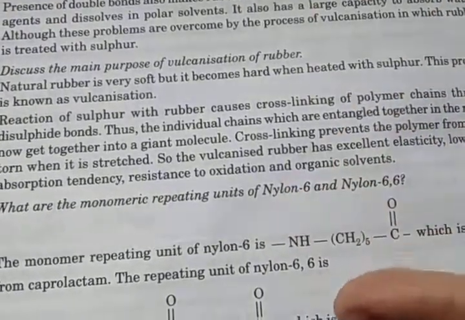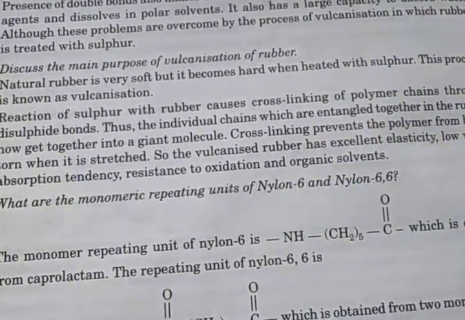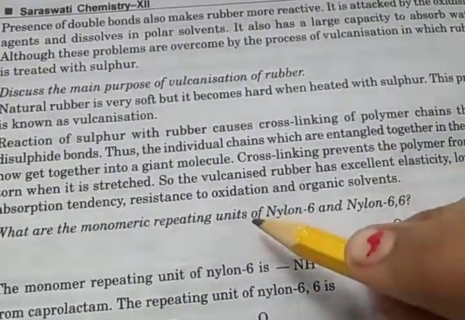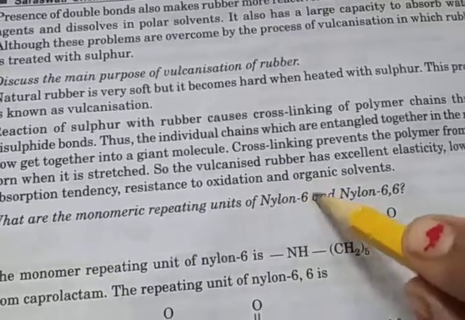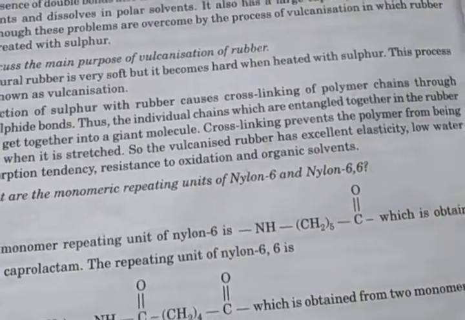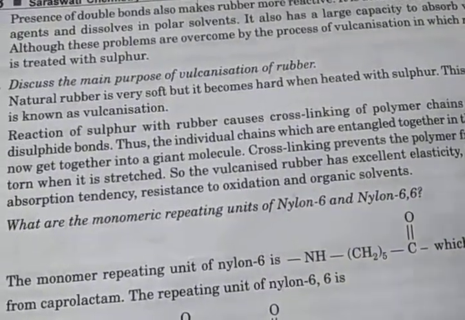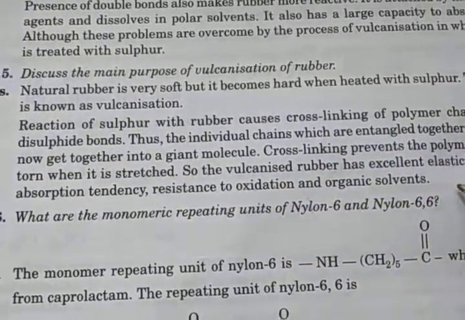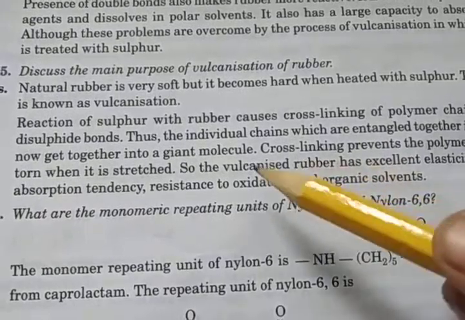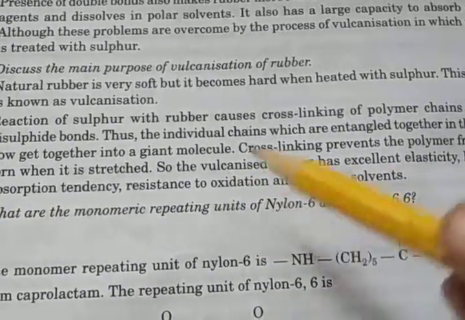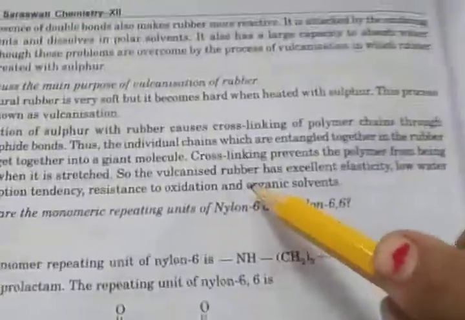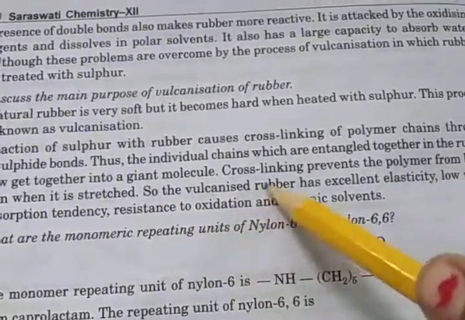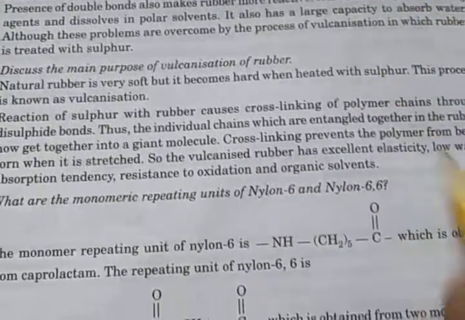Cross-linking prevents the polymer from being torn when stressed. Vulcanized rubber has excellent elasticity, low water absorption tendency, and resistance to oxidation and organic solvents.